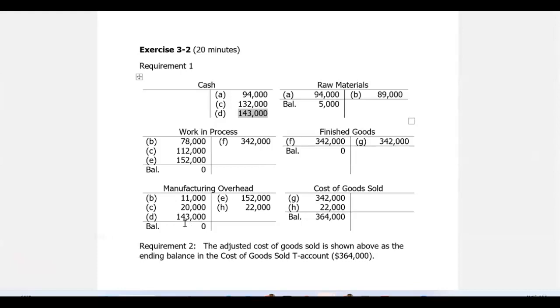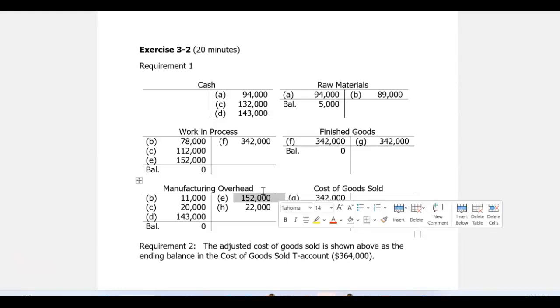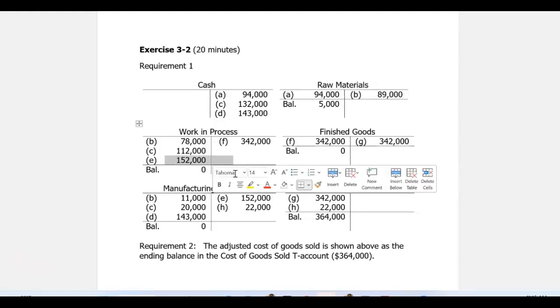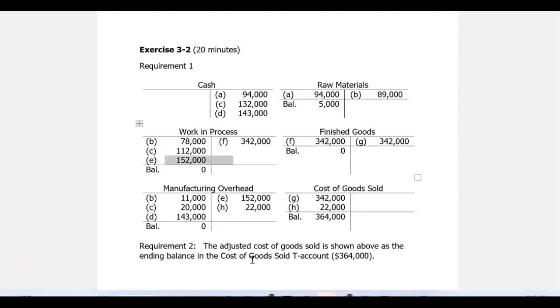Out of all those manufacturing overhead costs that we have, we apply based on predetermined rate. Let's say direct labor hours, direct labor dollar amount, machine hours, based on a cost driver, which we learned already. We apply this manufacturing overhead into work in process. So that's a debit work in process, credit manufacturing overhead.